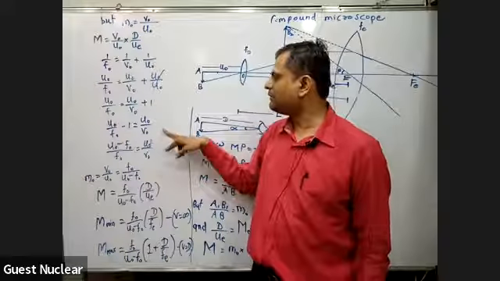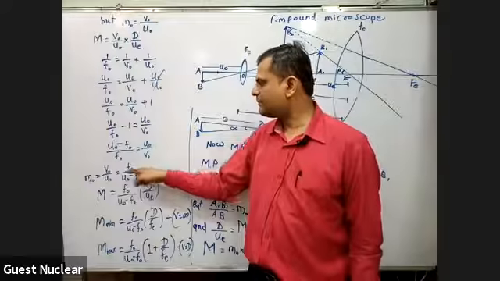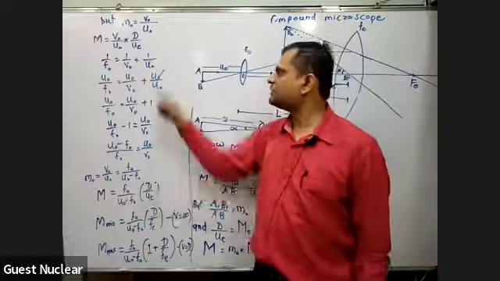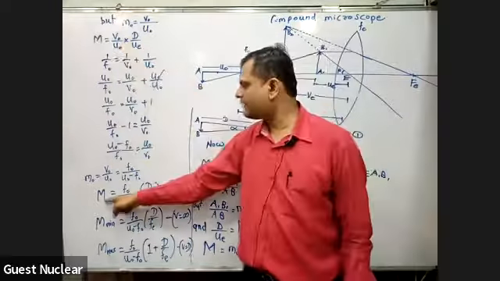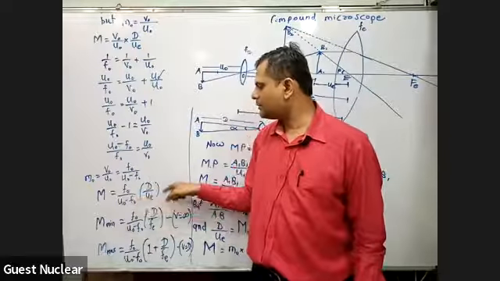But we want VO upon UO, that is the magnification. So we get FO upon UO minus FO as the final value. If we substitute this here, we get the magnifying power of the compound microscope equal to FO upon UO minus FO into D upon UE.